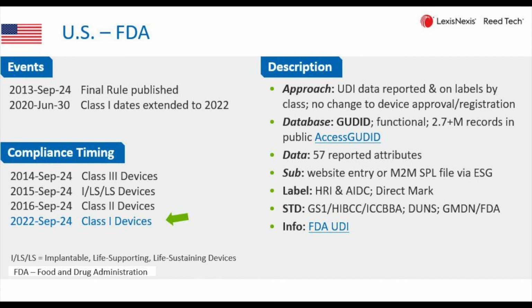As to the timing, the FDA started off with the high-risk devices first, requiring implementation on both the label and for the reporting of the data to the GUDID. So Class 3s, implantables and life supporting and life sustaining, and Class 2s are all passed. We are now looking at September of 2022 for the Class 1 compliance date.